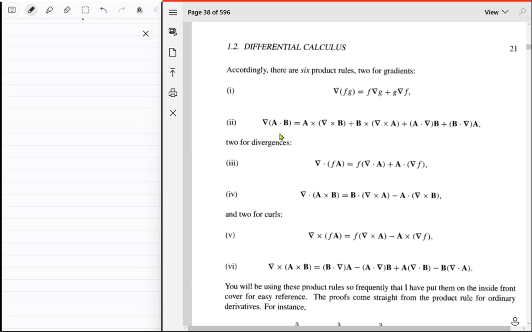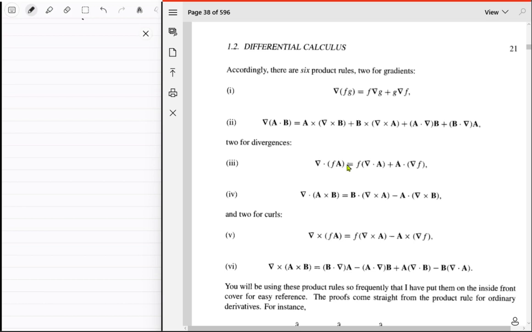Okay, the third one. What's this thing? The divergence of fA. Okay, that's different. f is not a constant, it's a scalar. So dotted with this guy, the x component is f Ax.